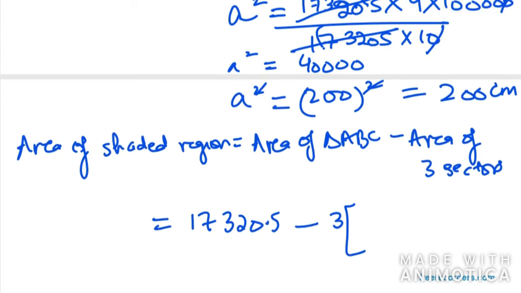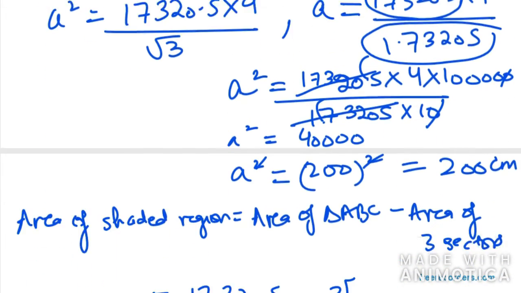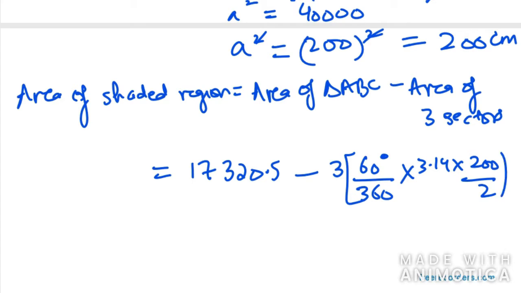So as you know that area of equilateral triangle is, the angle for equilateral triangle is 60 degree each. So angle A is 60, angle B is 60, angle C is 60. So 60 degree over 360 into pi r square, 3.14. R square will be 200 divided by 2. So this will be 100 square.